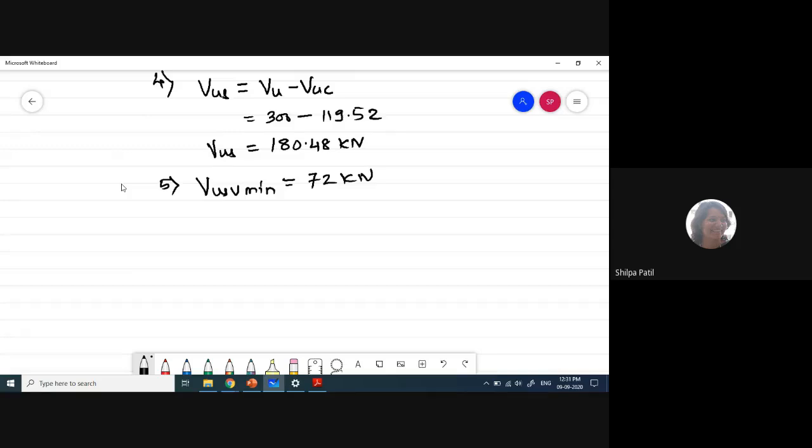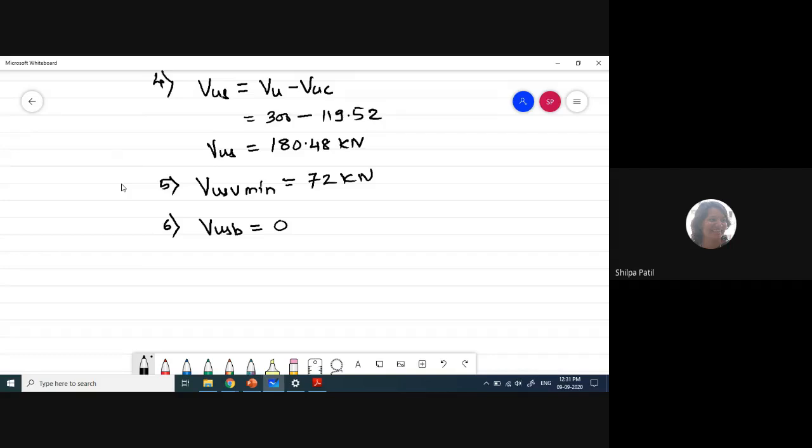Fifth step, VUSB, that is the shear force resisted by bent up bars. It will also be 0 because there are no bent up bars.